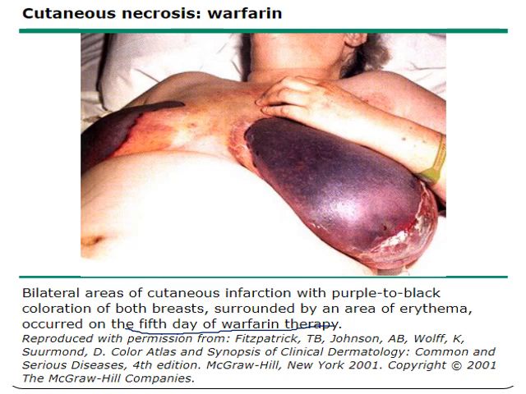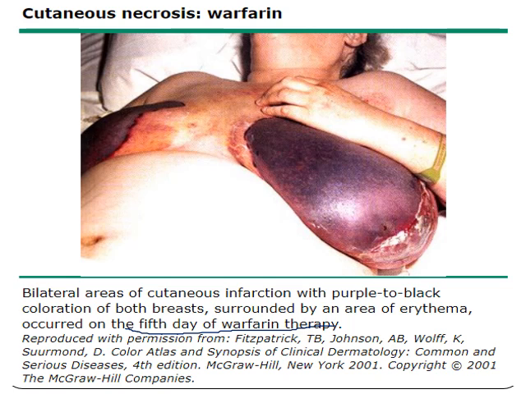I told you it is basically due to low levels of protein C. As soon as we start warfarin, since protein C is also a vitamin K dependent factor, and warfarin decreases vitamin K levels, it can cause skin necrosis.